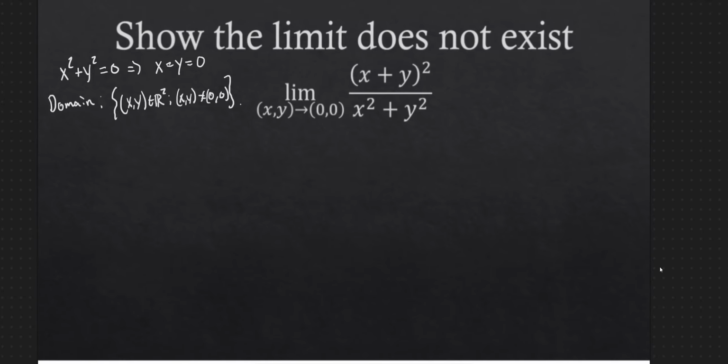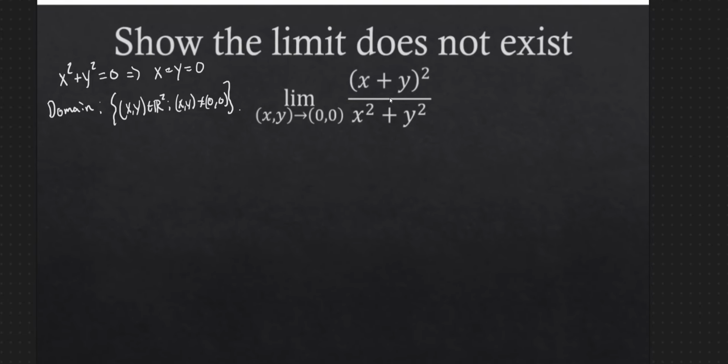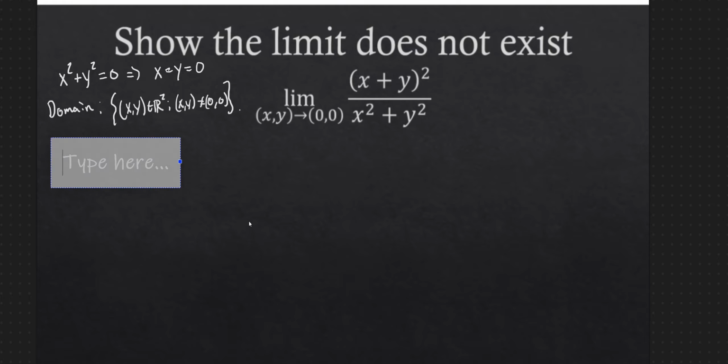All right, so how do we show this limit doesn't exist, or what would we be doing if we were trying to evaluate this limit? Well, remember this fact that if the limit exists, then the function values approach that limit along any path in the domain to the point 0, 0.